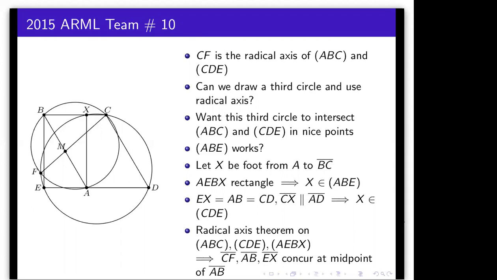The radical axis of AEB and ABC is AB, their common chord. And the radical axis of AEB and CDE is EX, since we proved that X also lies on both circles. So CF, AB, and EX concur. But AEBX is a rectangle, so this concurrency point should be the midpoint of AB.